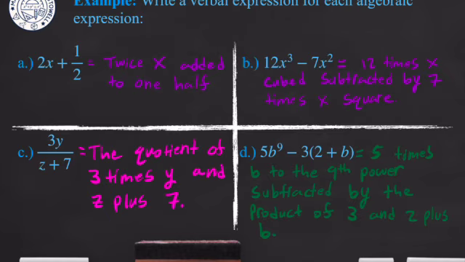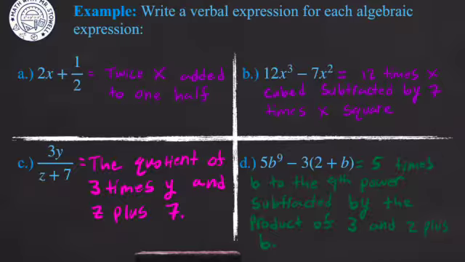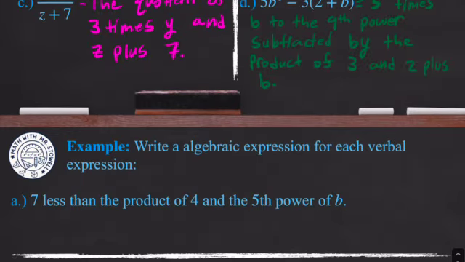And that would be one way of writing it. It's not the only way of writing it. You can use similar words to come up with the same results. So that is an example of writing a verbal expression for each algebraic expression.